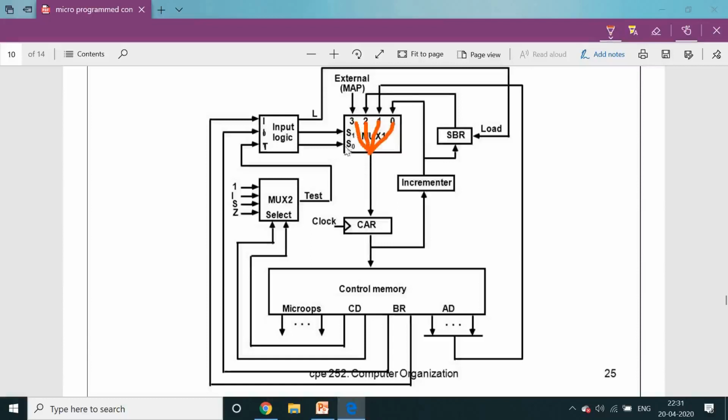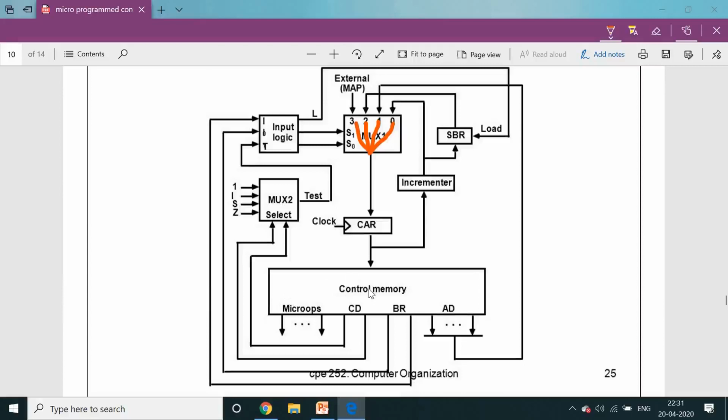With any one of these control signals, only one input is connected to the output at a time. The output of the multiplexer is stored in the control address register. The control address register again passes through this bus and points to the next instruction address in the control memory.